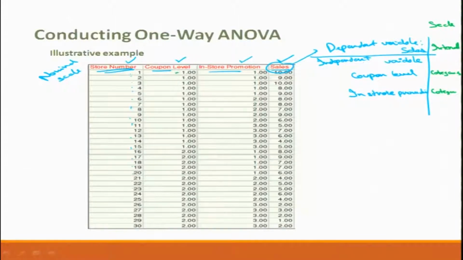You can see 1 and 2, there are two categories for coupon level. In in-store promotion, there are 1, 2, 3 for coupon 1 and 1, 2, 3 for coupon 2.